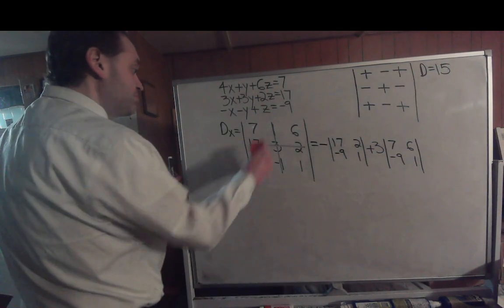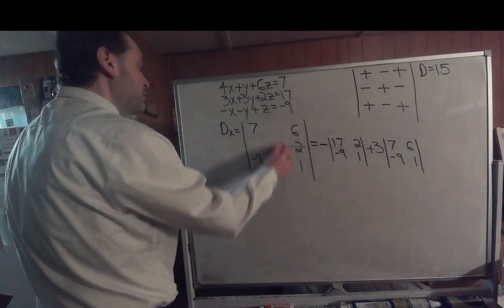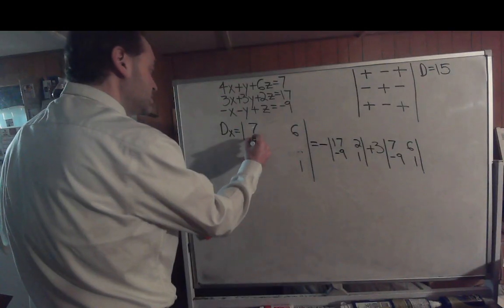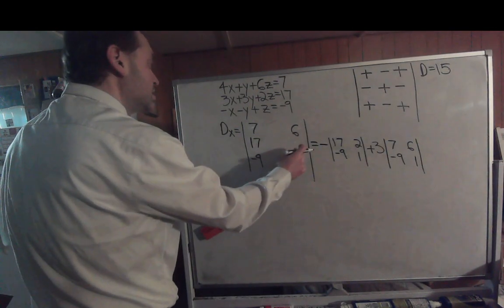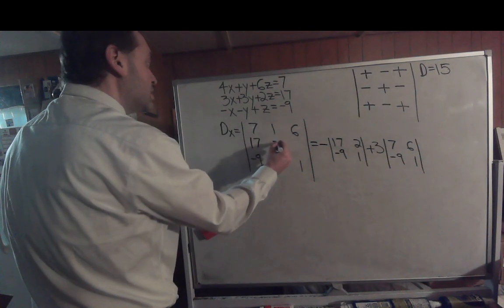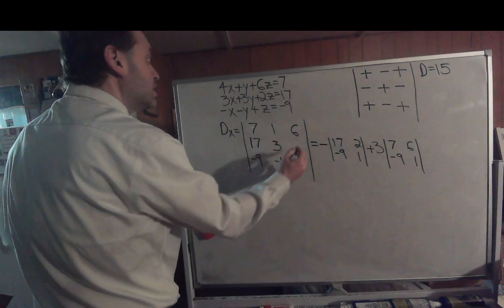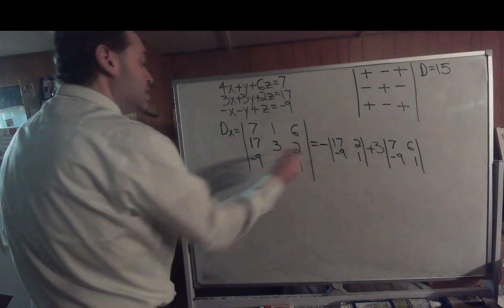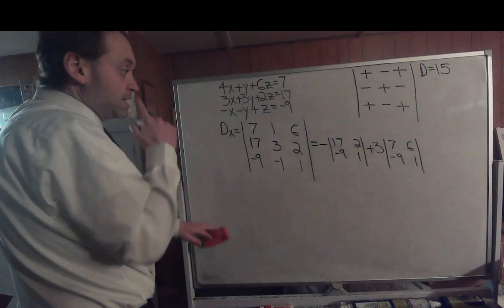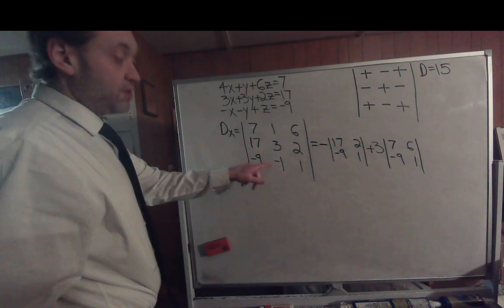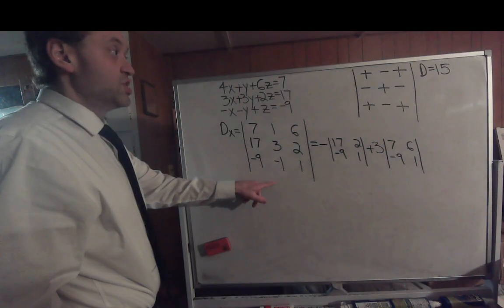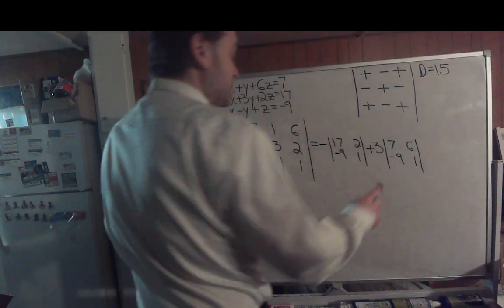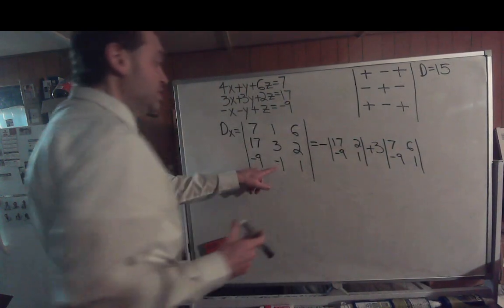Okay, let's rebuild this one more time. Alright, so now I'm going to work with the third entry of the second column, which is -1. But according to my coefficient matrix, I need to negate that -1.